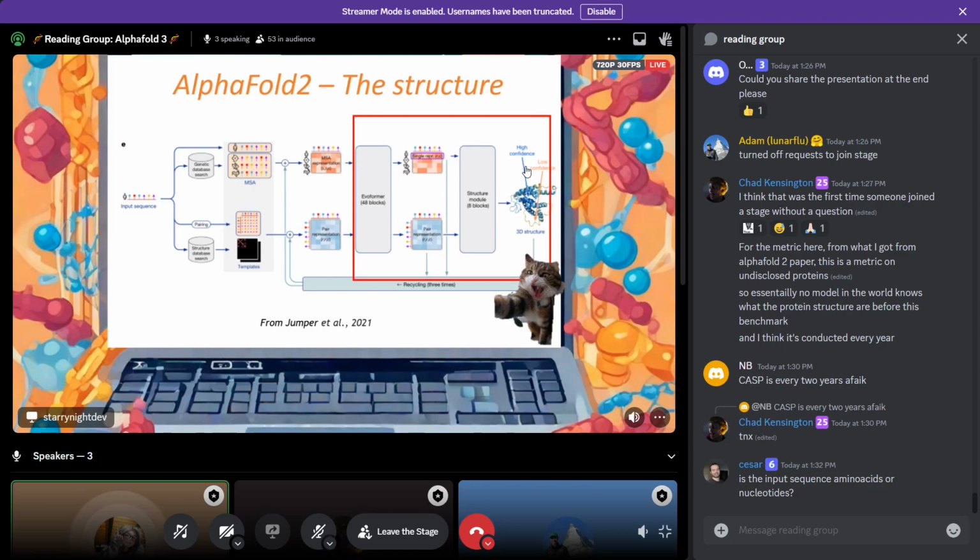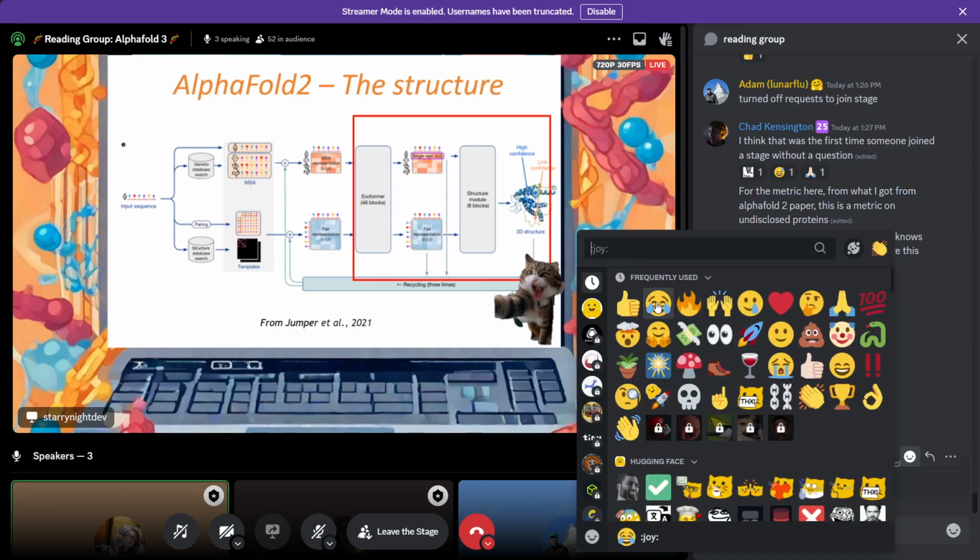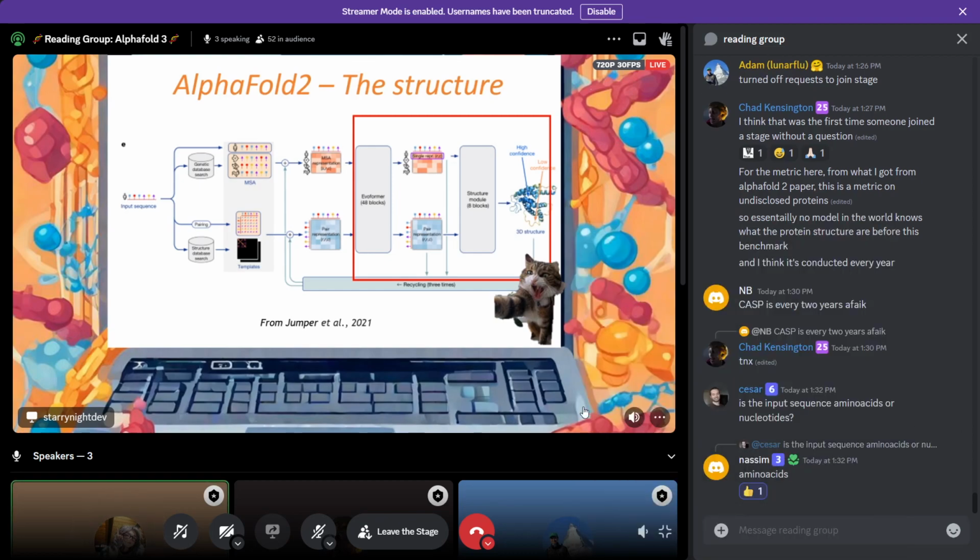And on the other hand, you get another matrix. Here in the blue one, the pair representation is a matrix that correlates each amino acid with the following amino acid in your protein chain, which can give you some positional information, some positional metadata, which goes into this big evoformer block.